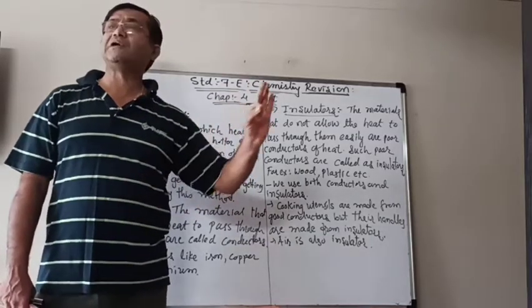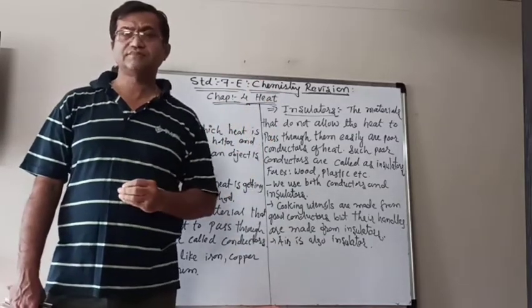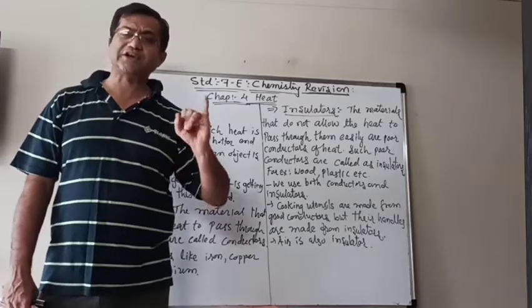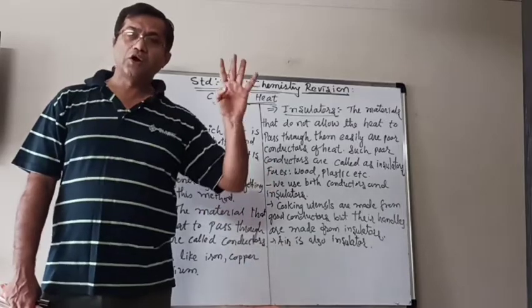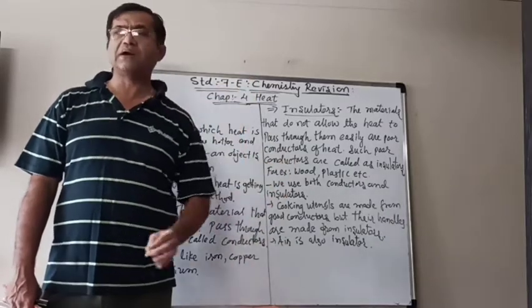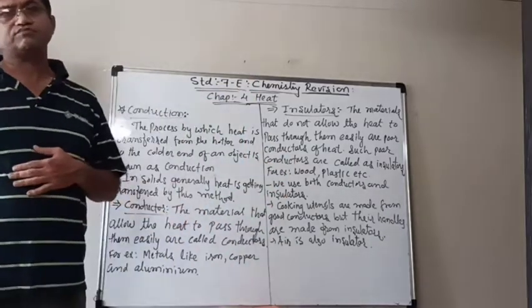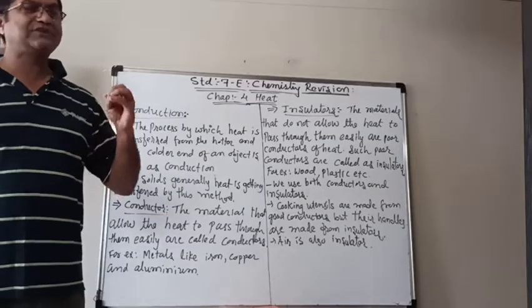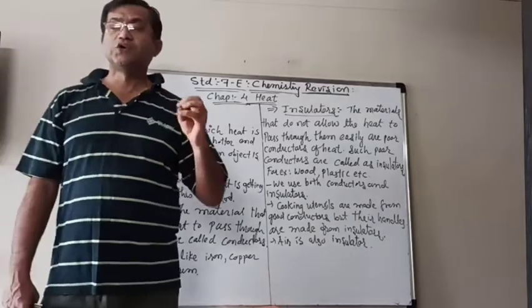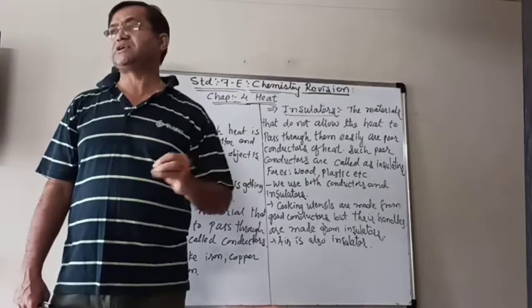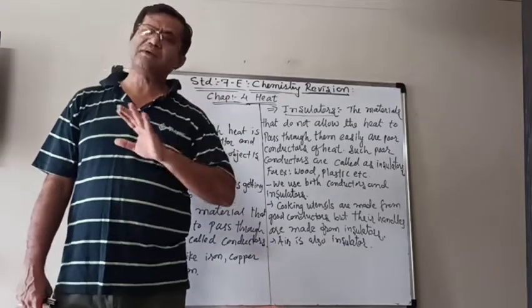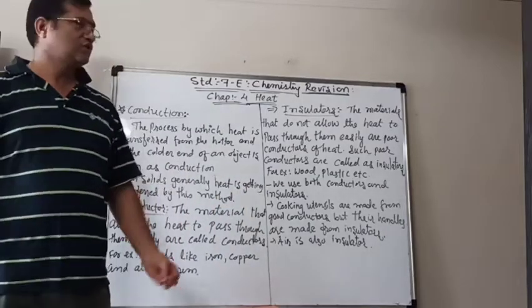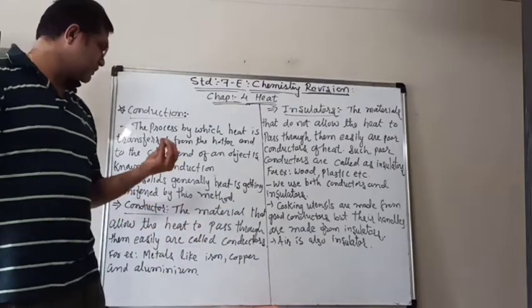For example, all the metals like copper, aluminium, iron, gold, silver, etc. Most of these metals are good conductors of heat, meaning they allow the heat to pass through them easily. So they are known as good conductors.